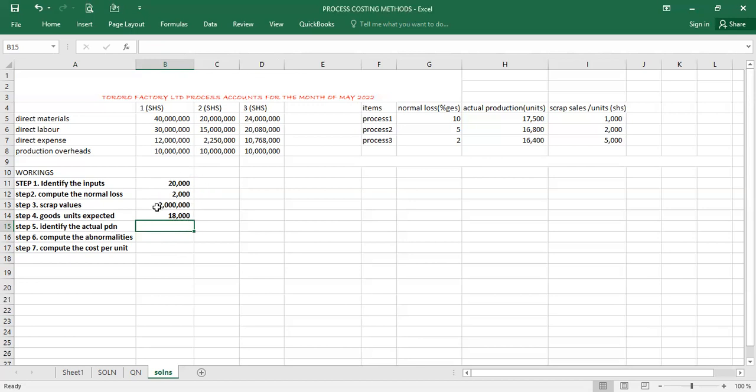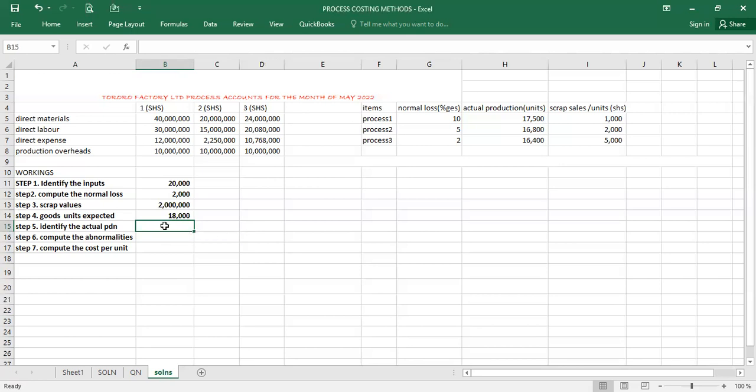The other person could get it in a sense that since you have known that the normal loss is 10%, then to get the good units expected, you will use 90% of the inputs. Because if 10% is a normal loss, then automatically the 90% is supposed to be our good units expected.